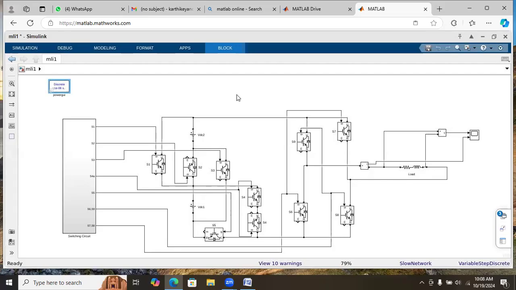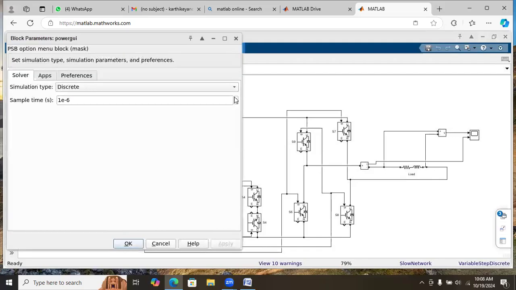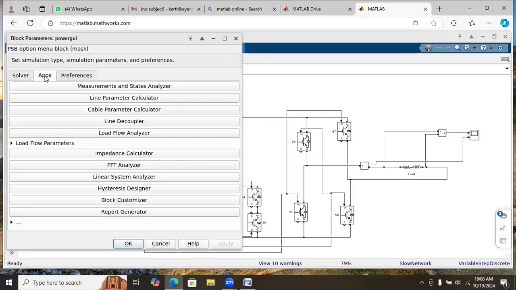And we have to measure the THD value using the FFT analyzer.